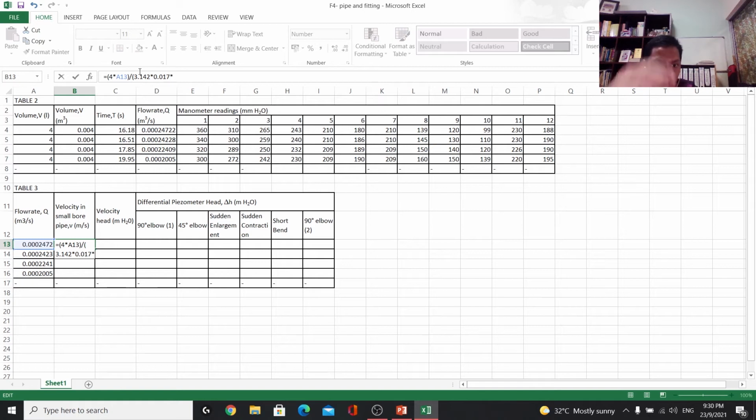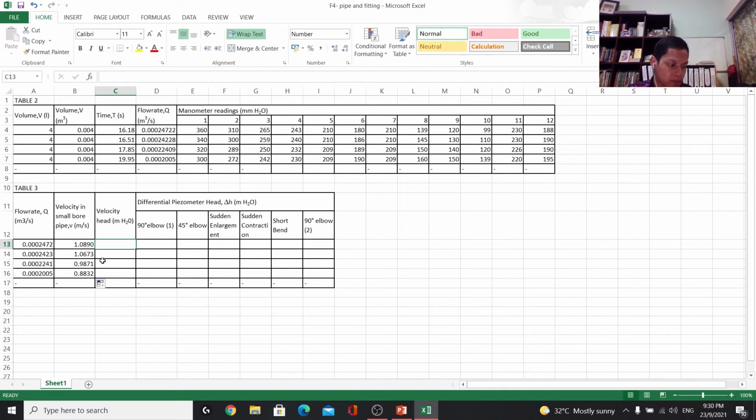I'm not sure, but I cannot do the square, so I just multiply by 0.017 here, and it's the same value. So we enter it and we get this velocity, so we put it up here.